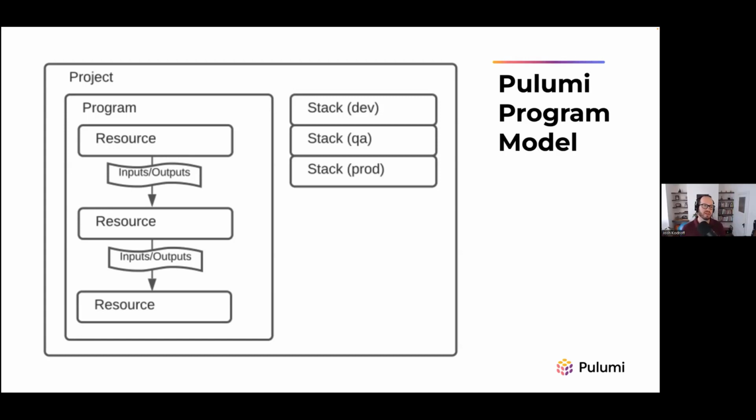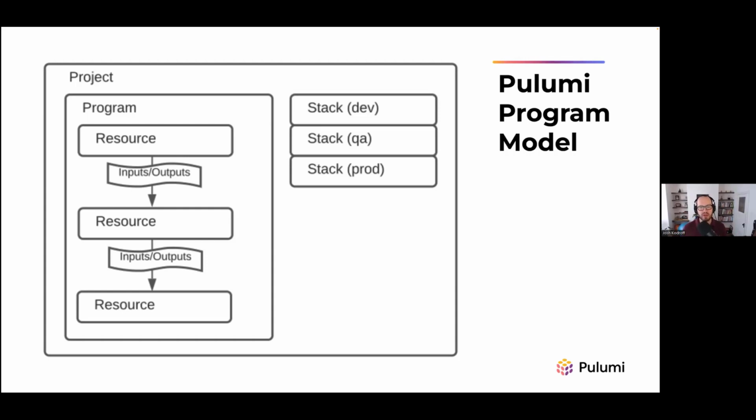So that summarizes program. On the right side of the slide, we have our stacks. Every Pulumi program contains at least one stack. You might use them to partition your environments. You might have a dev stack, a QA stack, and a prod stack. And within these stacks, you can configure different parameters.